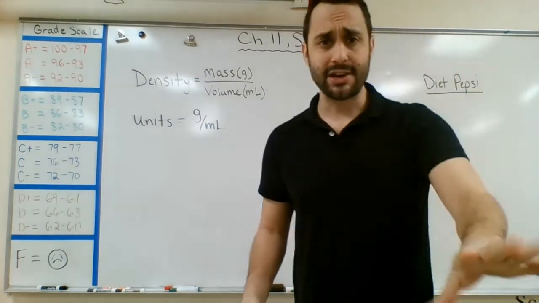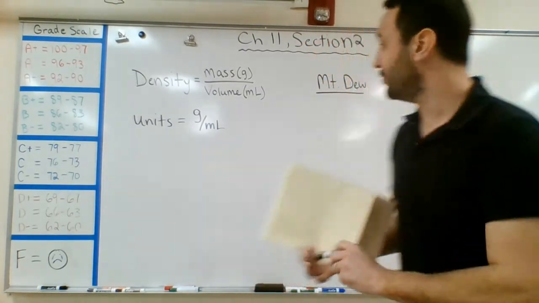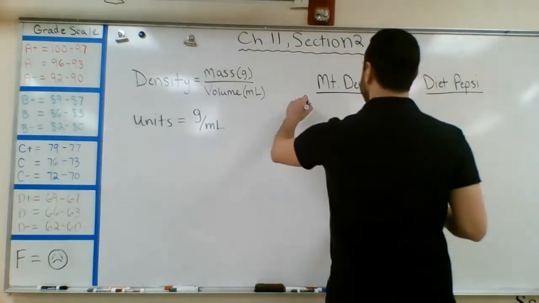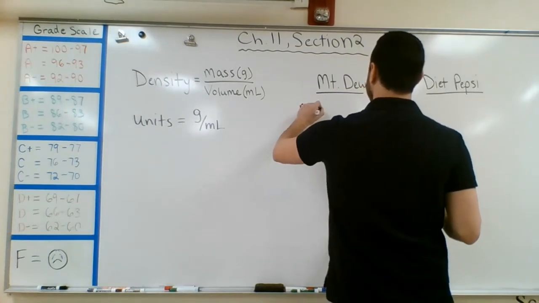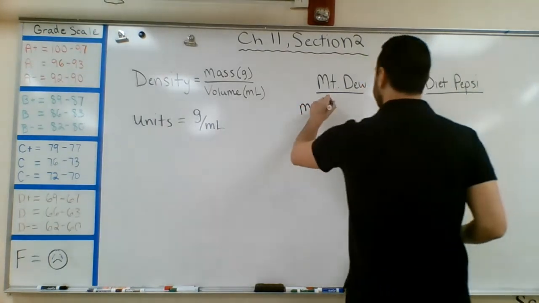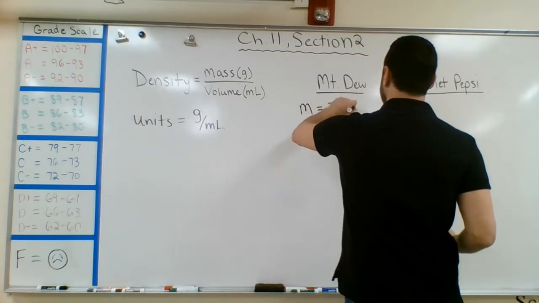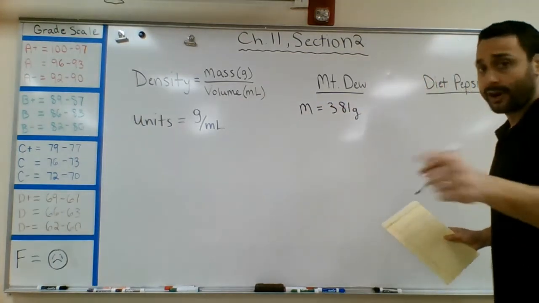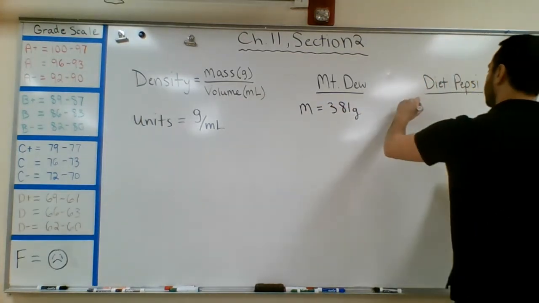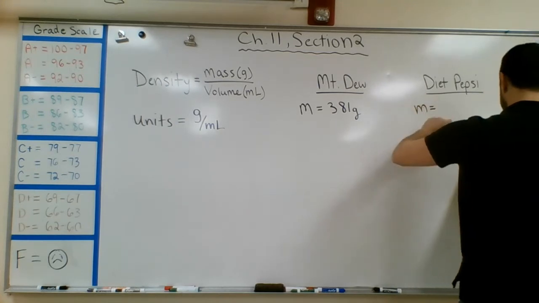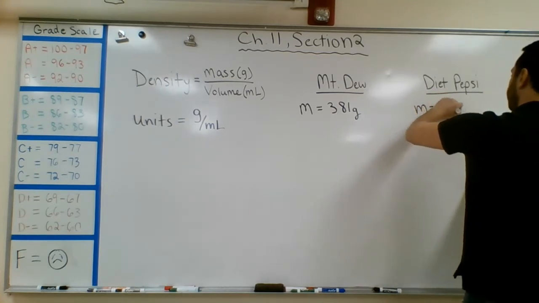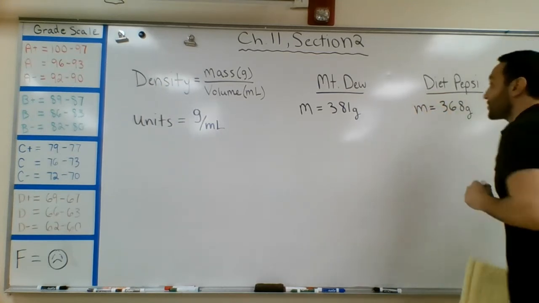When I got the measurements for my can of Mountain Dew, we found that its mass is 381 grams, whereas the Diet Pepsi's mass was 368 grams.